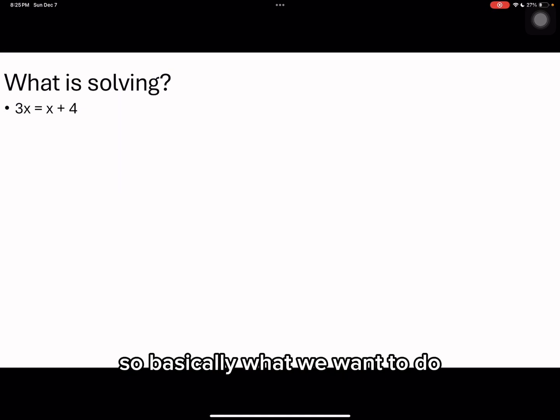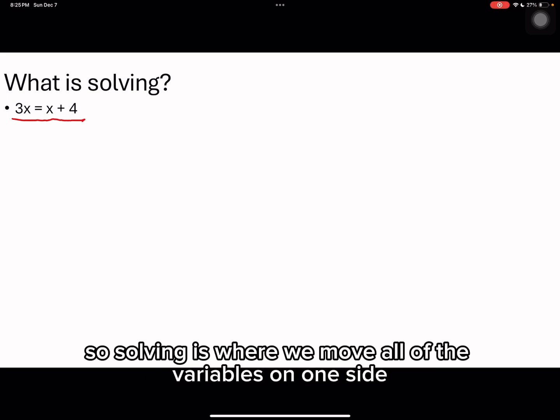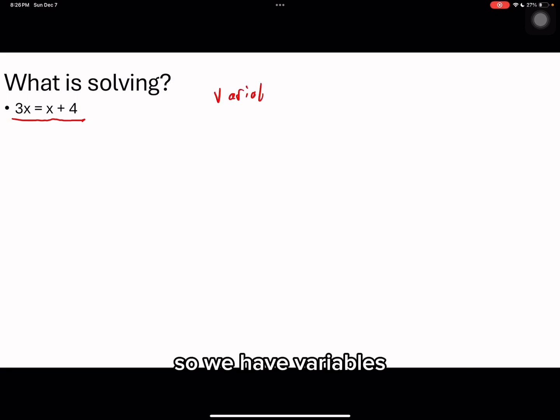So basically what we want to do, here we have this equation 3x equals x plus 4. Solving is where we move all of the variables to one side. So we have variables equals constants.